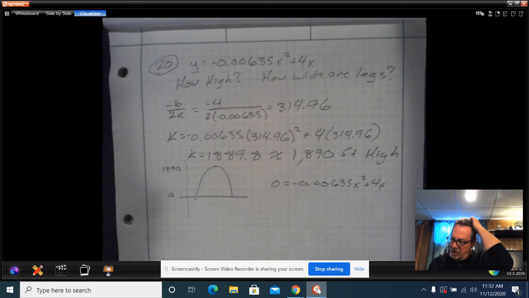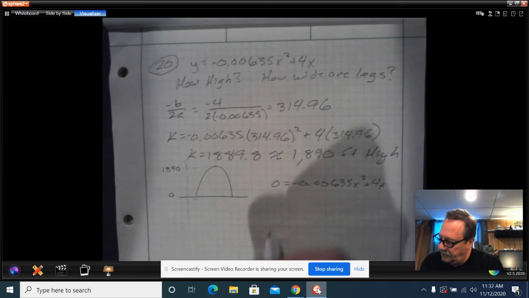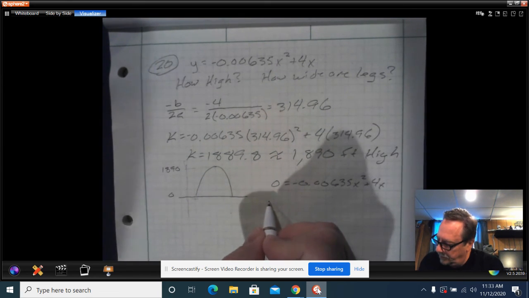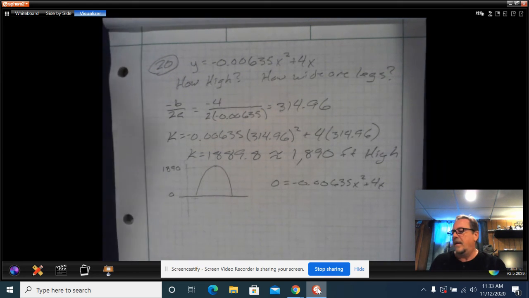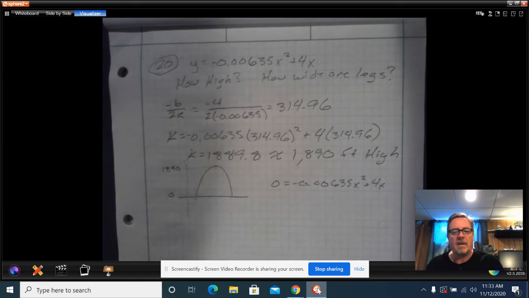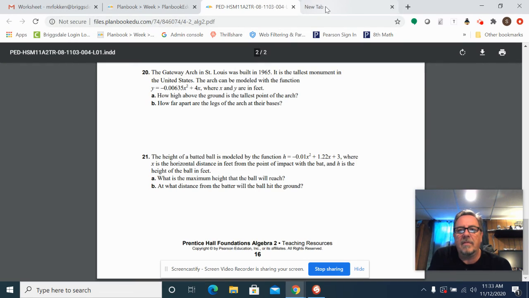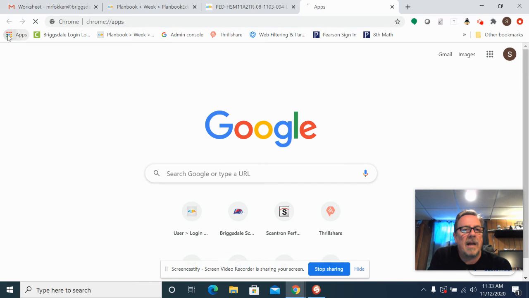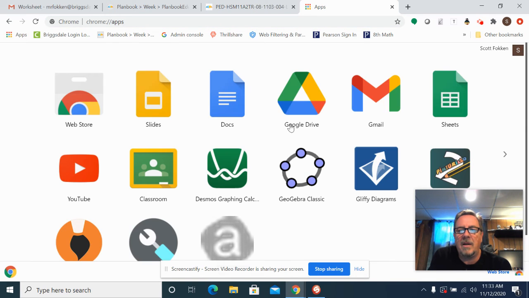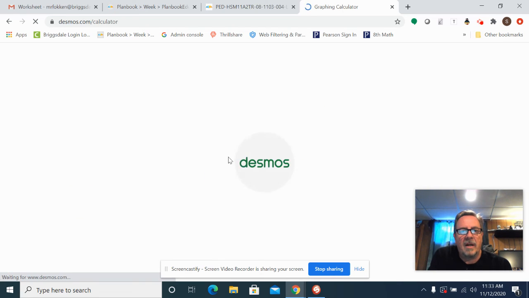Is it factorable? We can solve this, but we haven't talked about some of the tools we're going to learn in this chapter yet. So maybe it's best to just use some technology.